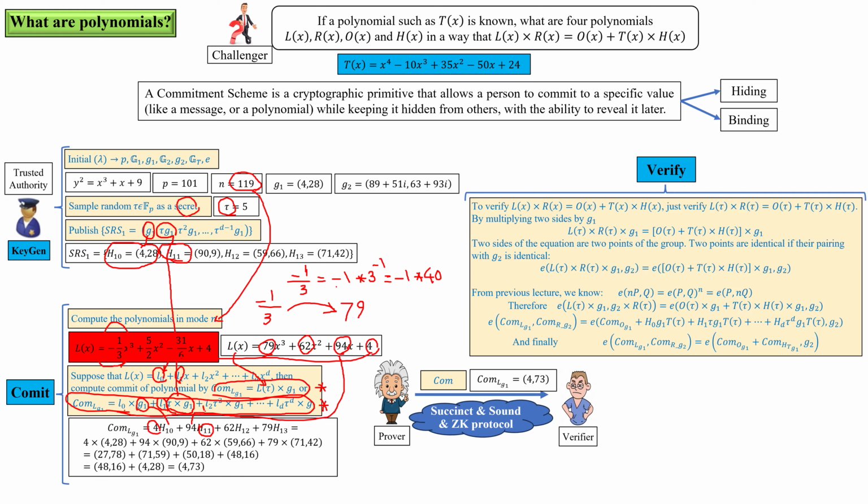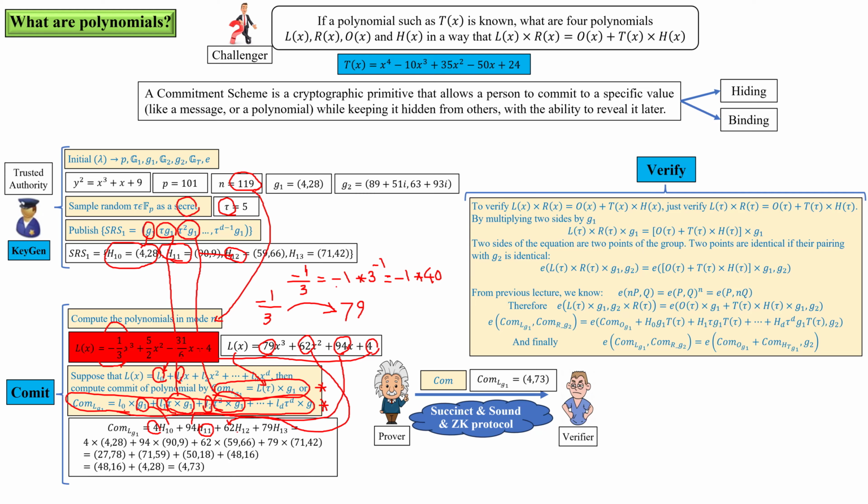The third element is L2, which is 62, right? Multiplied by tau to the power of 2 multiplied by G1. The value of tau to the power of 2 multiplied by G1 was already computed by the trusted authority, and this is H12, right?